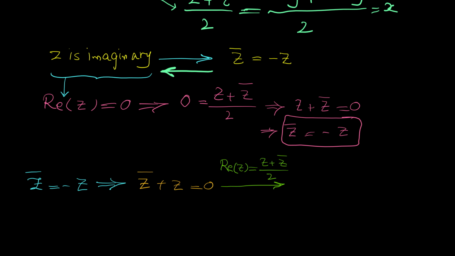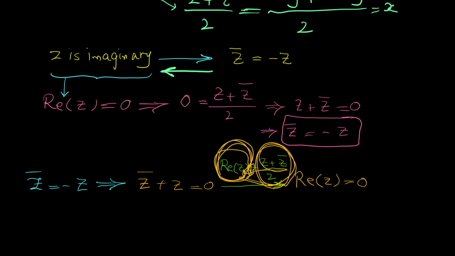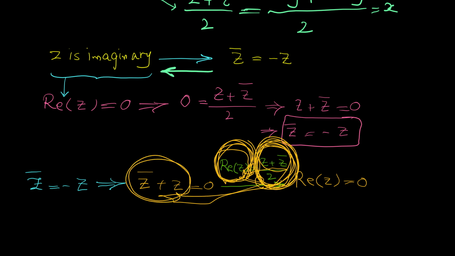Based on this identity, we conclude that the real part of z should also be equal to 0, because we know that always this is equal to this. If the right side is 0, immediately the left side is 0. These are equal to each other. Here we know that the right side is 0, so the left side should also be 0.